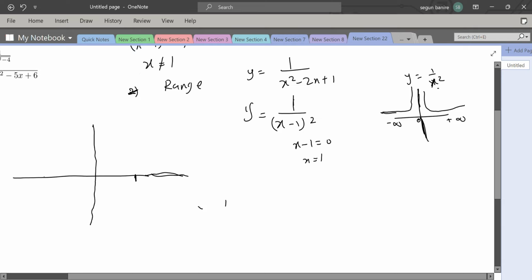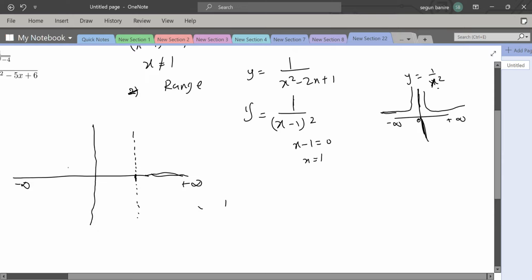It only approaches 1 from the left and also from the right. So you can draw a dotted line like this. So what is the behavior of this function when x is coming from negative infinity and positive infinity? That is how we will get our range.